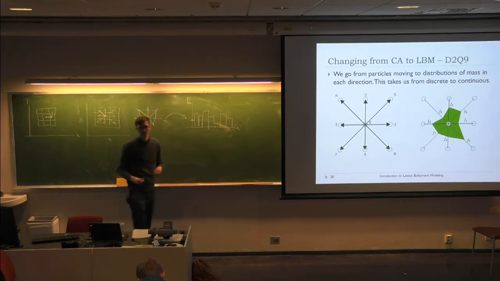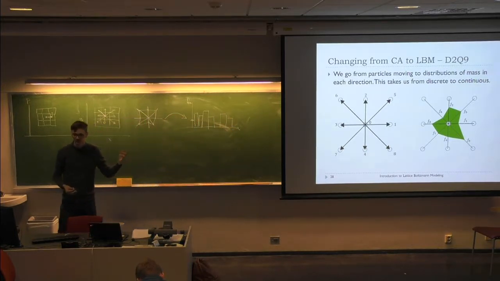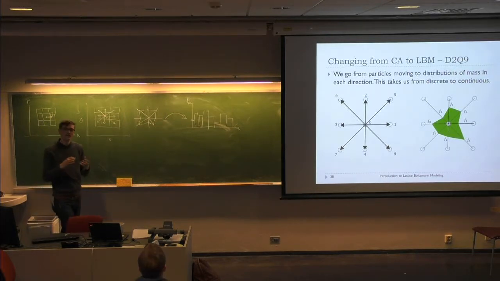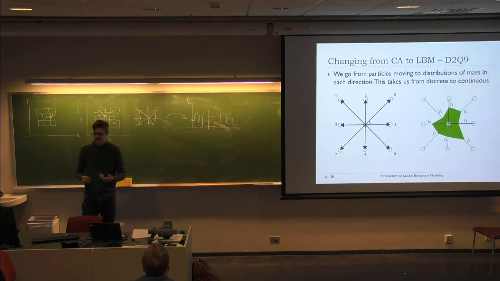Okay? It's not really important what this looks like. The only thing that's important is that it's just some values between 0 and 1. Okay? And remember what I said was that this is kind of like the number of particles.